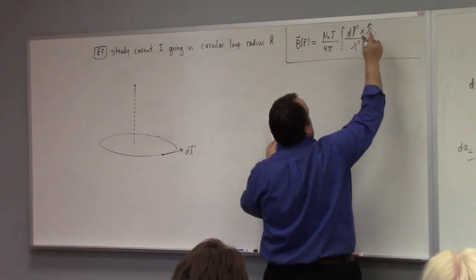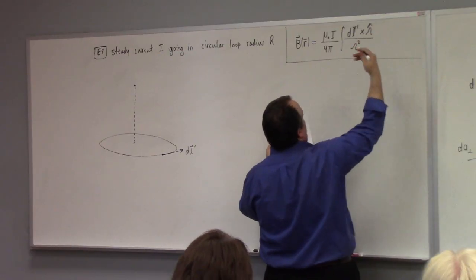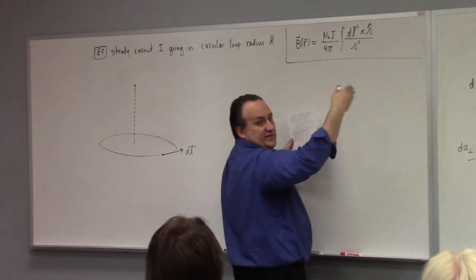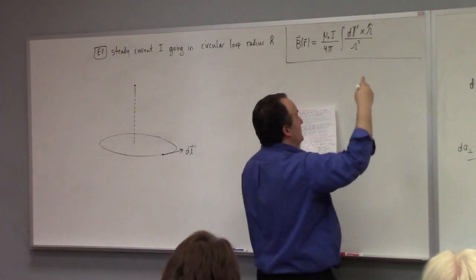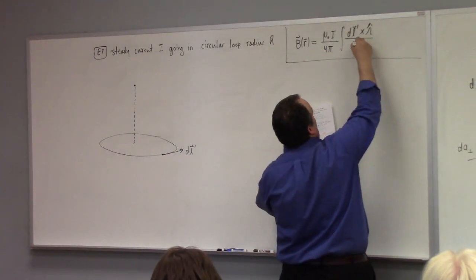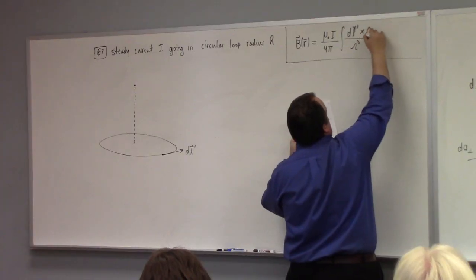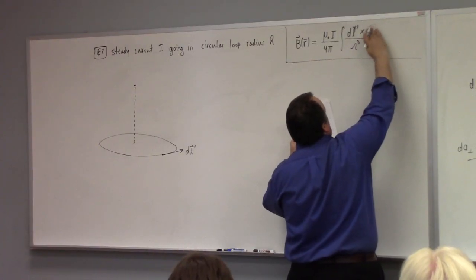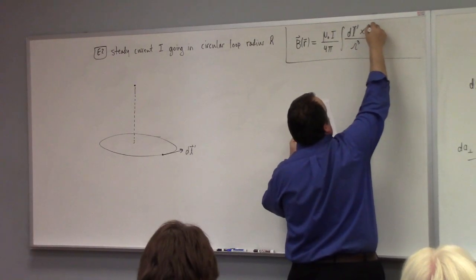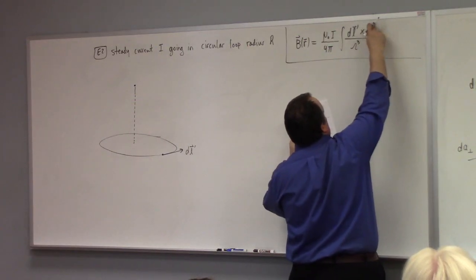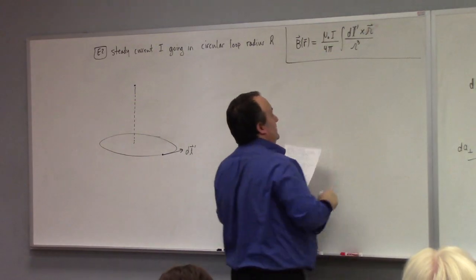Now, truth be told, guys, let me just erase this because I never ever use this. Every single time I do a calculation, I use script r vector over script r cubed, because that's convenient for how I usually set things up.